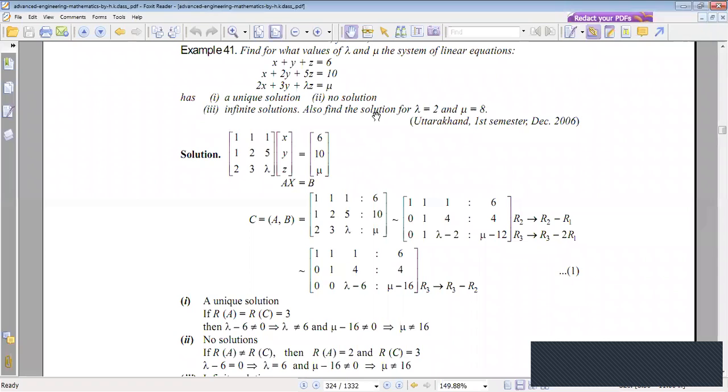Also find a solution for lambda equal to 2 and mu equal to 8.